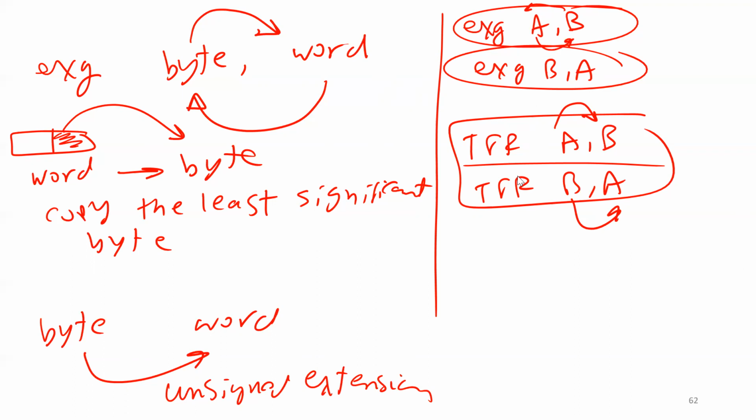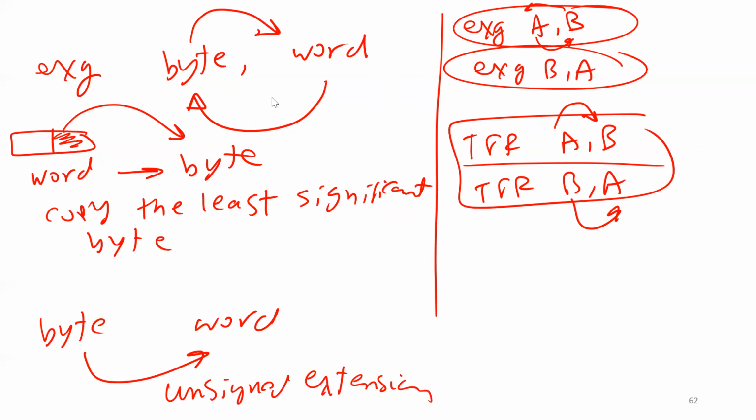However, transfer A comma B is completely different from transfer B comma A, because in the case of A comma B, you copy A to B, and here you copy B to A. You got what I'm saying? But here it doesn't matter because you copy B to A and A to B as well. Any questions?